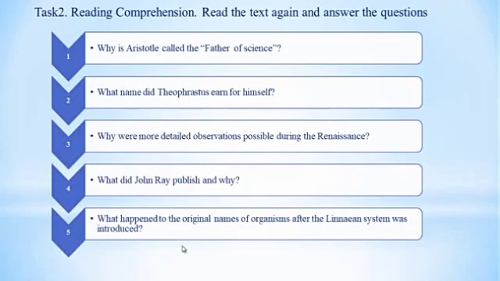Answer the following questions. Question 1. Why is Aristotle called the father of science? Super. He created the field of taxonomy to describe and organize life forms. Yes, your answer is correct. Question 2. What name did Theophrastus earn for himself?